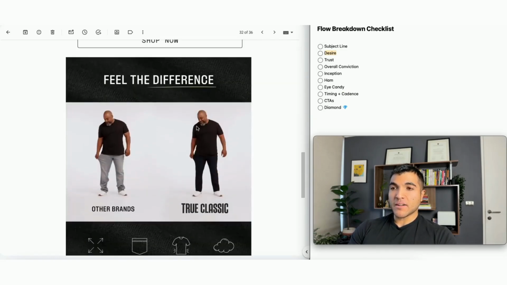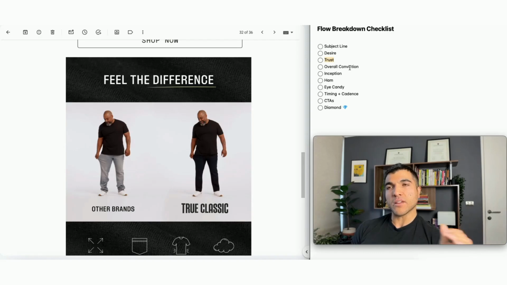The trust part of the equation of the conviction, again, trust plus desire equals conviction. You need to build the conviction in people so they buy. You need them to cross the conviction threshold, which is different for each person. Some people's conviction thresholds are really low, so the shopaholics just buy sight unseen.